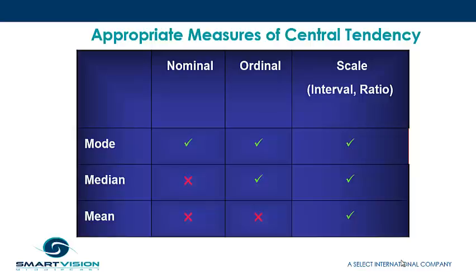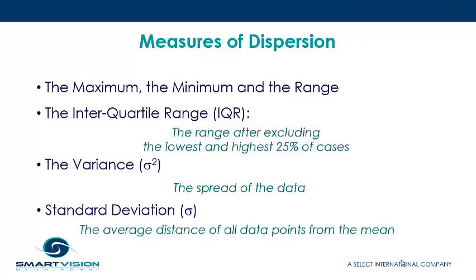The second set of measures to assess normality are measures of dispersion. The simplest measures of dispersion are the maximum data value, the minimum data value, and the range.